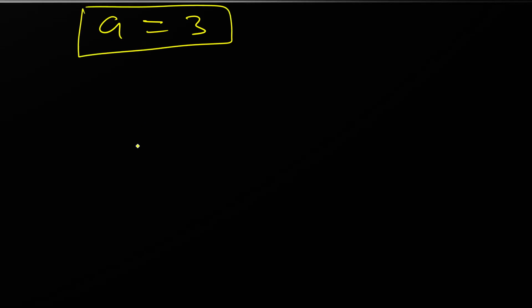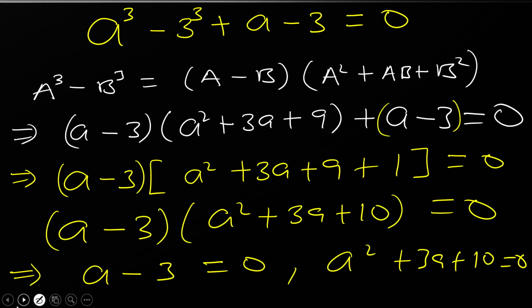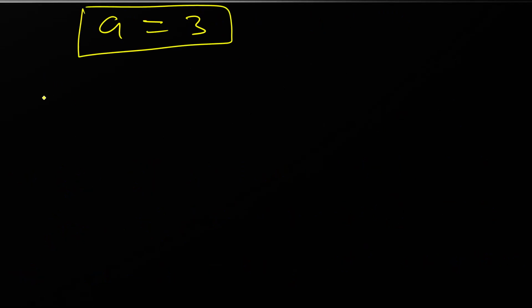Now let's look for the other two solutions, which I think will be complex solutions. So a squared plus 3a plus 10 equals 0.